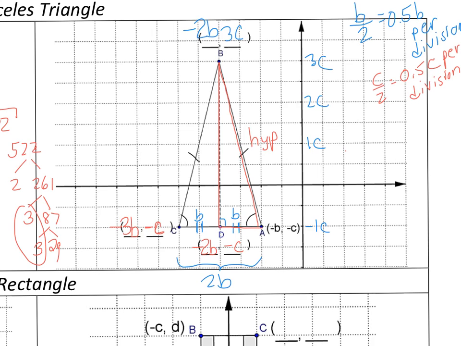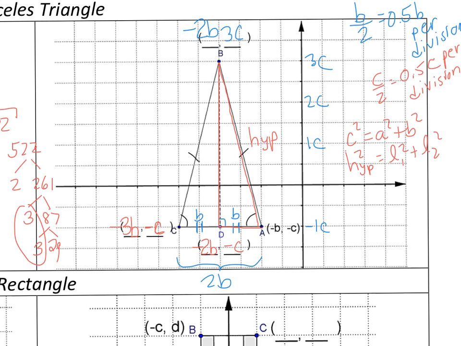So I'm going to rearrange. Normally our Pythagorean theorem is c squared equals a squared plus b squared, but I'm going to rename it: hypotenuse squared equals leg 1 squared plus leg 2 squared, just to keep everything straight, so that we're not mixing variables with variables in a formula.